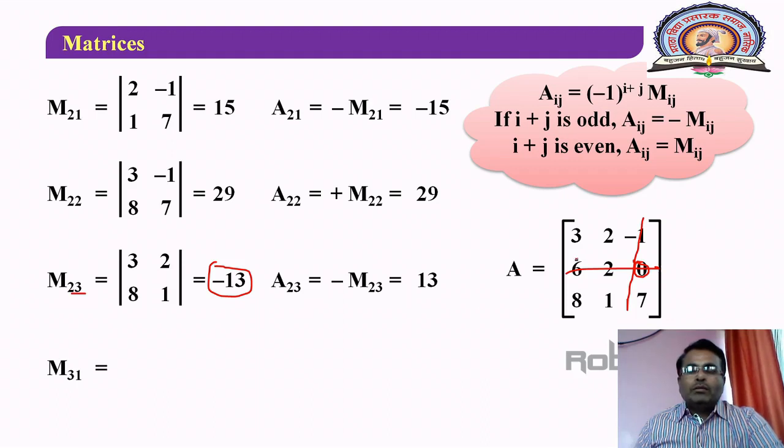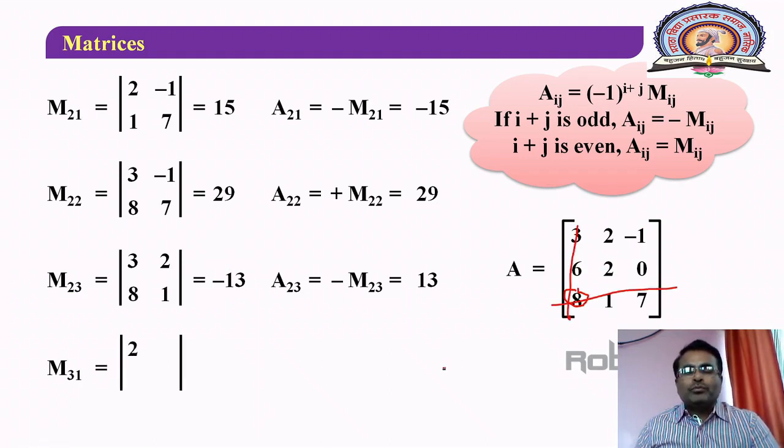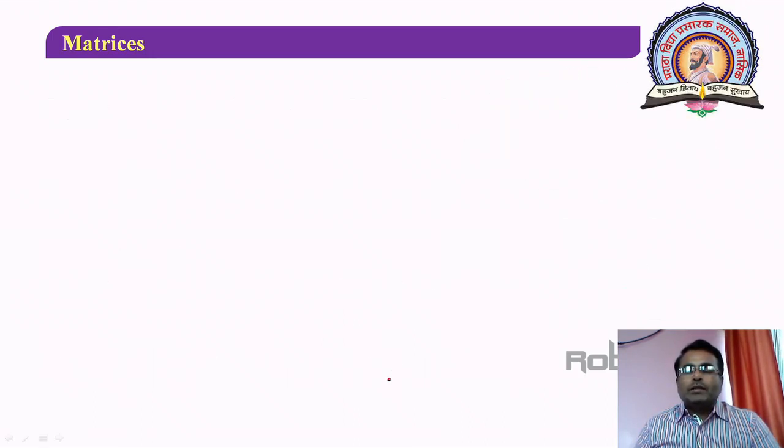Similarly M31: for this element, the minor is obtained by deleting its row and column. So 2 minus 1 2 0, and therefore you will get plus 2. Again 3 plus 1 is even, so M31 remains as it is, plus 2. Is it clear?